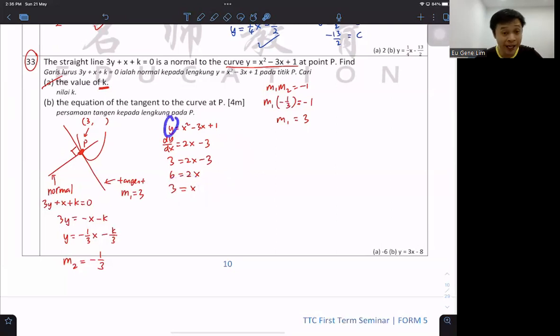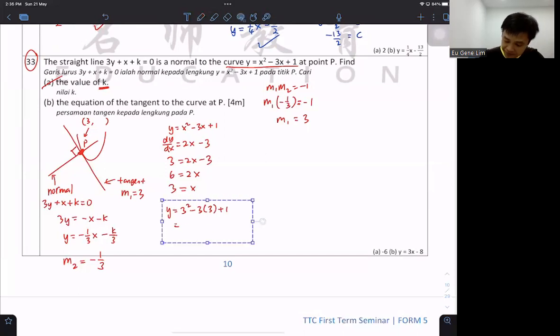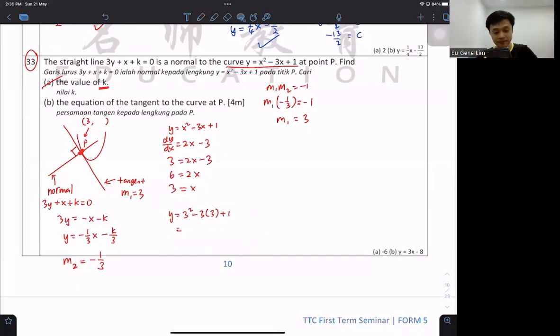That's the only place with y, right? So y equals 3 squared minus 3 plus 1. Press calculator. Oh, 1. So the point P is actually (3, 1).